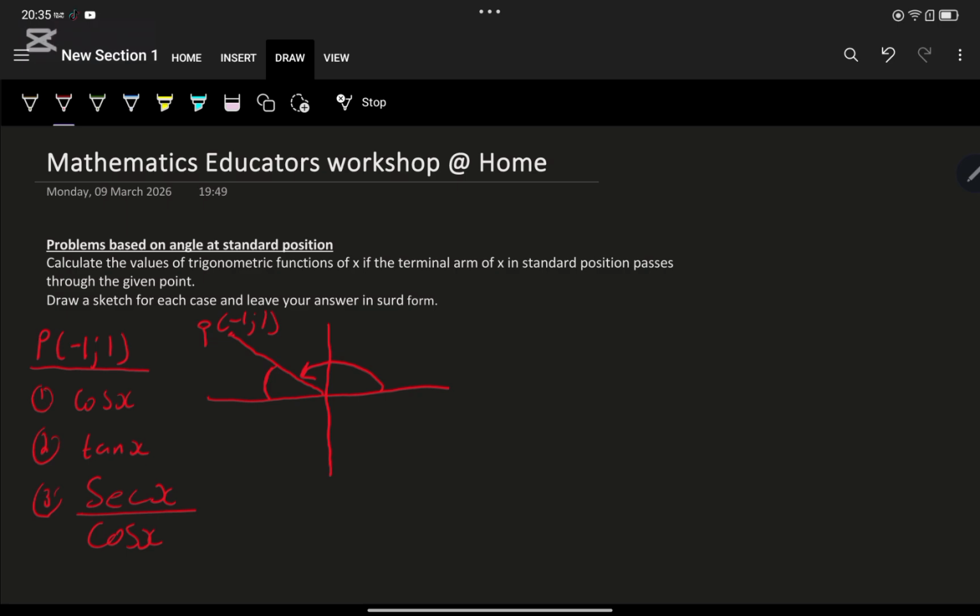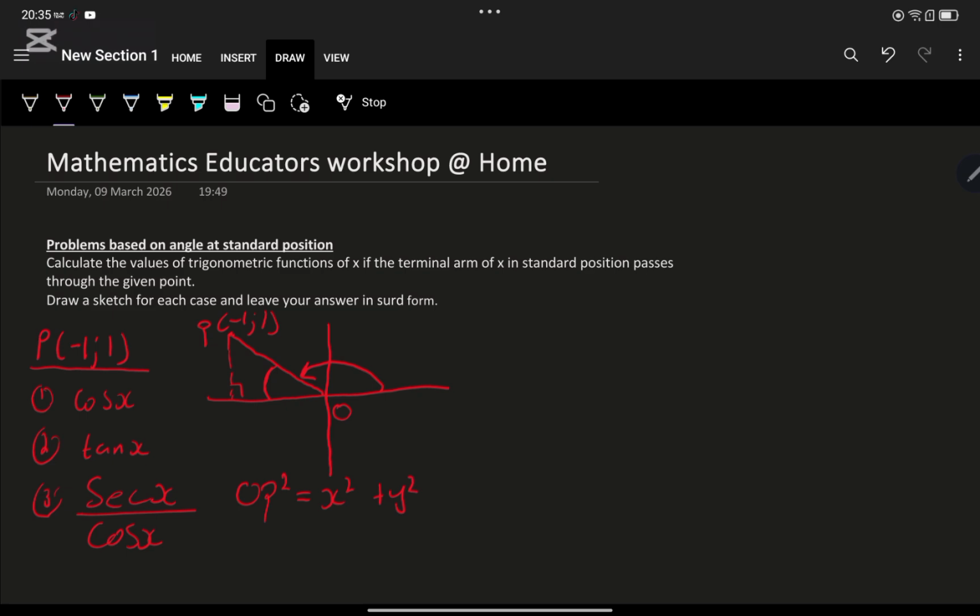Now, what we then do, we drop a perpendicular from that point and we complete a right angle triangle. From here, we can now calculate the length of the terminal arm, OP. So we simply apply Pythagoras. We say OP squared is equal to x squared plus y squared.